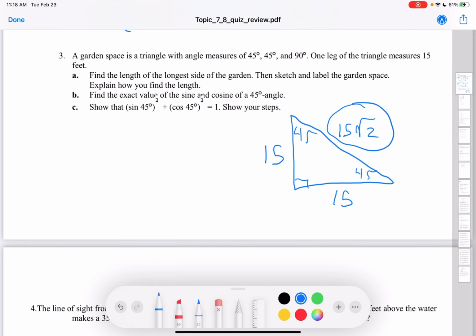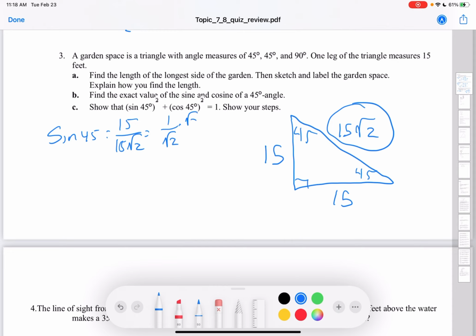It says find the exact value of sine and cosine of a 45-degree angle. So the exact value of the sine and the cosine. So if we do the sine of 45, it doesn't matter which one you pick. It's going to be 15 over 15 radical 2, which is just 1 over radical 2.